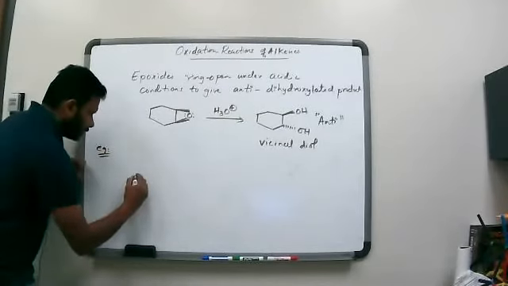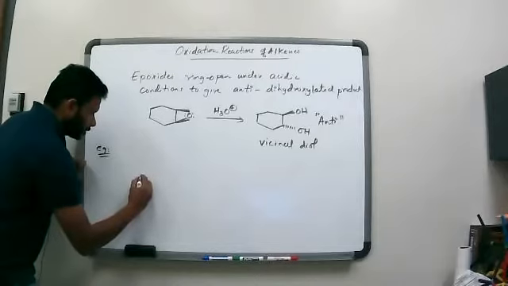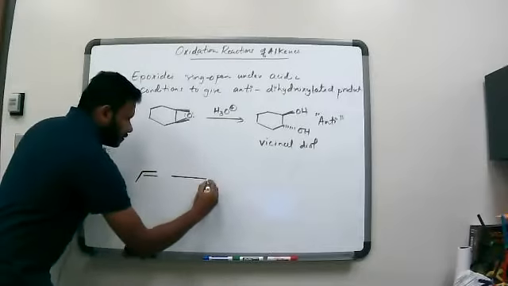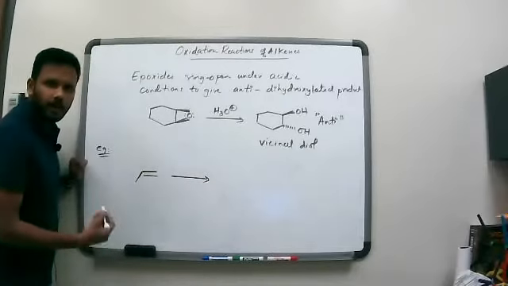Let's look at an example of this. So let's say we have an alkene, and we react it with a peroxy acid.